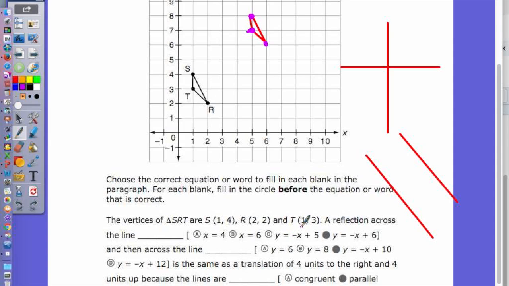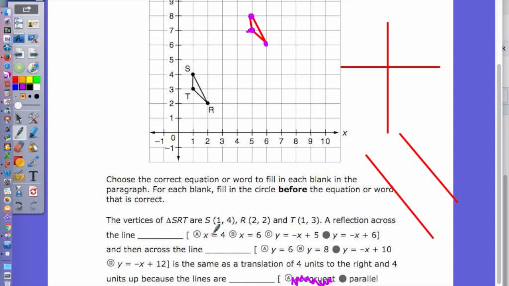What I did when I did this was I looked at the word choices first. First of all, we're talking about lines. No such thing as congruent or similar lines. There's congruent or similar line segments, but not congruent or similar lines. So once I got that it was parallel, looking at the choices.